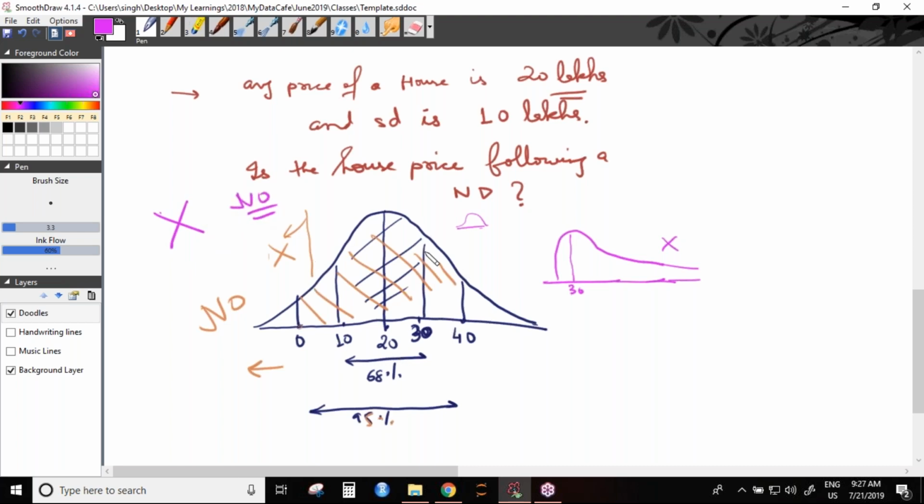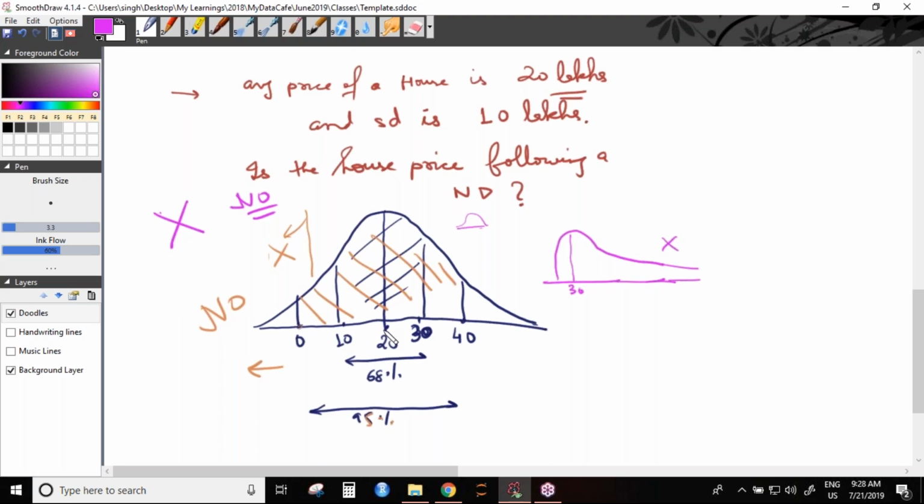Do you understand, guys? Everybody, do you understand? So this is the reason, Mukesh. It is not because the standard deviation is too high. It is because, given the standard deviation of 10 lakhs, it defies common sense.